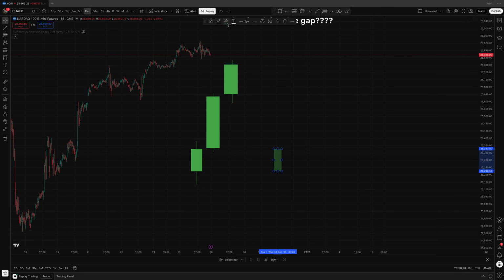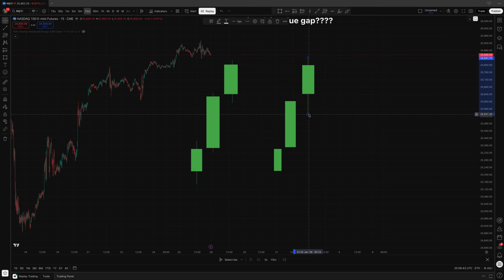Fair value gaps are used by the majority of traders, and it's a good confirmation to trade off of. So here, these can be 2 examples. This is your first one. This is your second one.